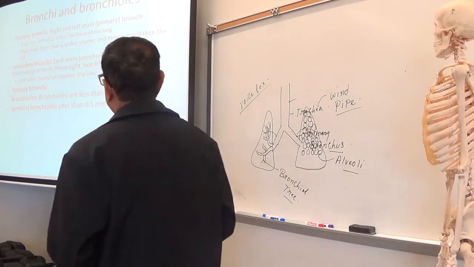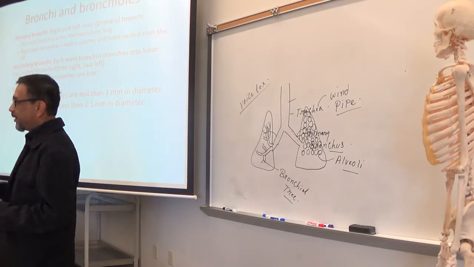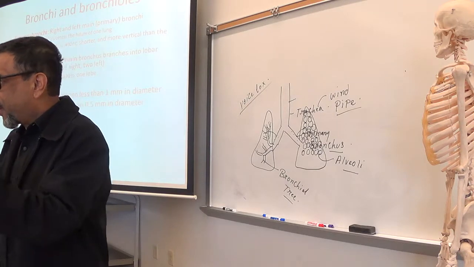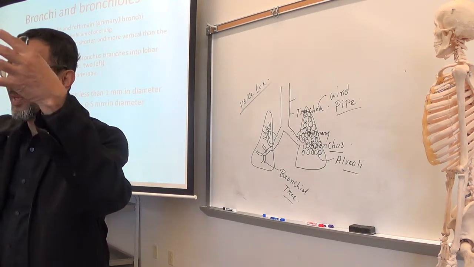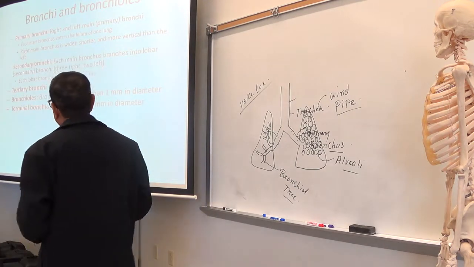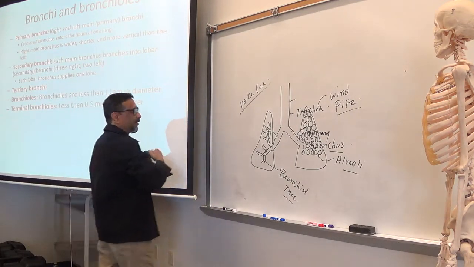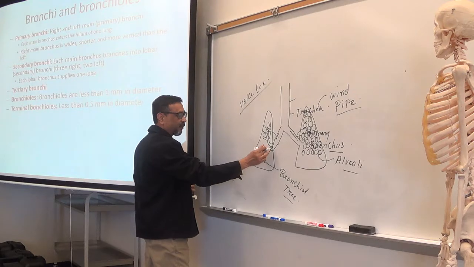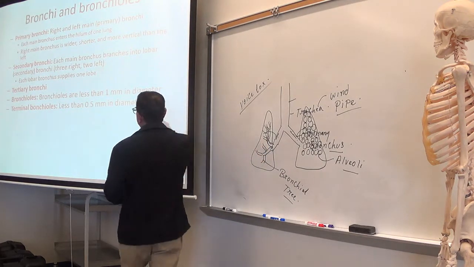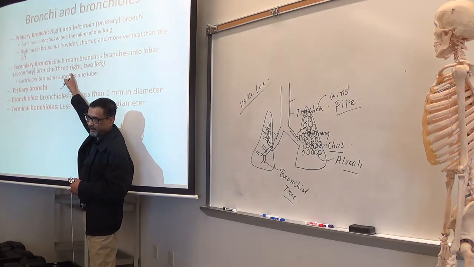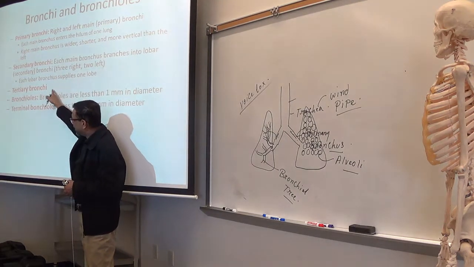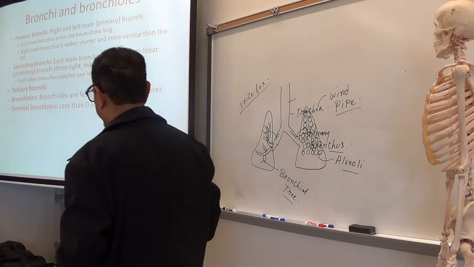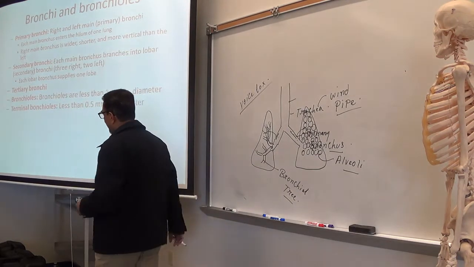Now, as I said, inside the lung, the primary or main bronchi divide again and again to form the tree. Primary bronchi, the right primary bronchus and left primary bronchus, enter into the lung, and first they divide into secondary bronchi. The secondary bronchi divide again to form the tertiary bronchi, getting smaller and narrower.